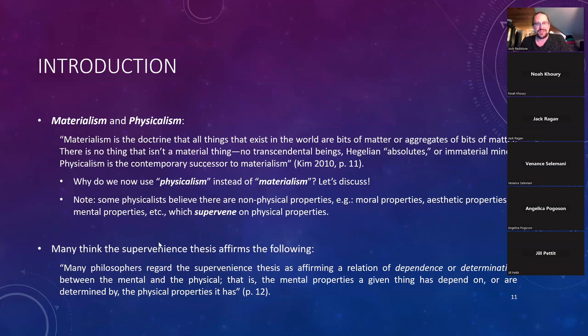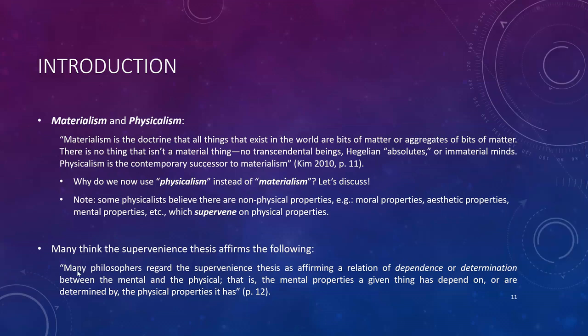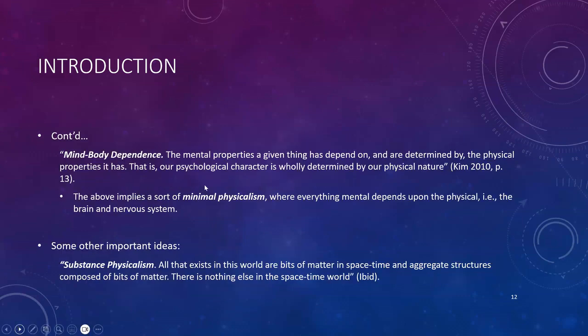So a lot of philosophers would say that the supervenience thesis affirms something like this. Many philosophers, as Kim says, regard the supervenience thesis as affirming a relation of dependence or determination between the mental and the physical. The mental properties a given thing has depend on or are determined by the physical properties it has.